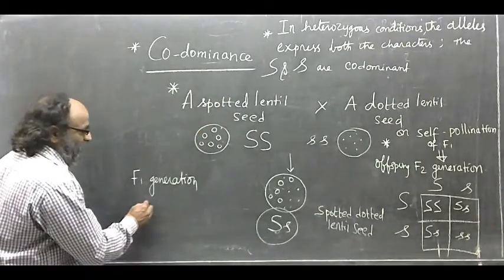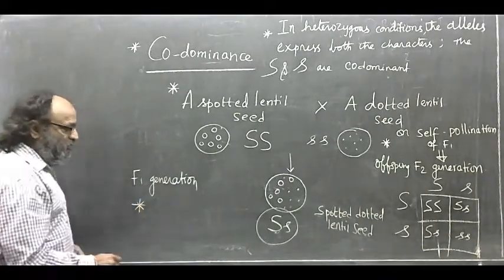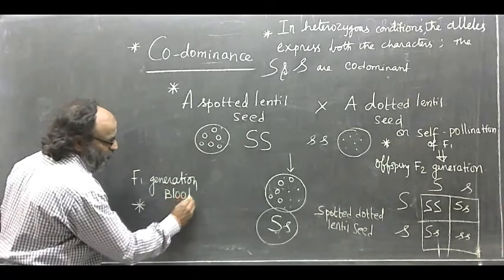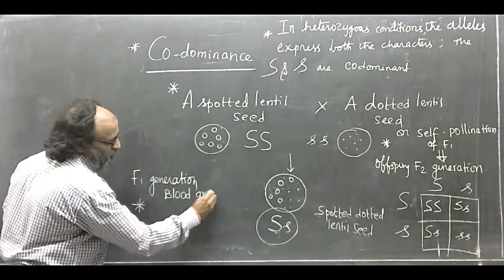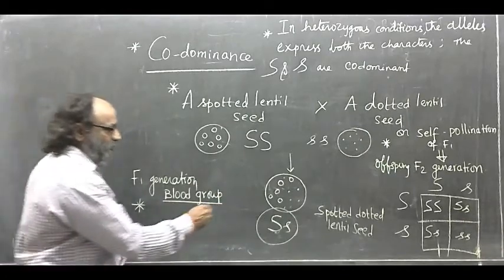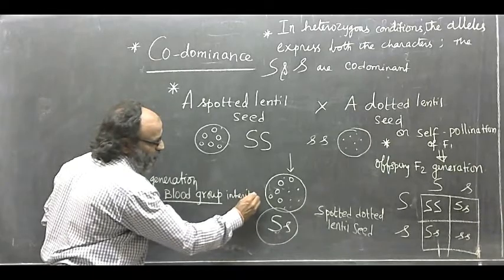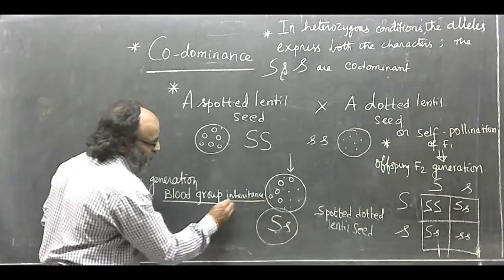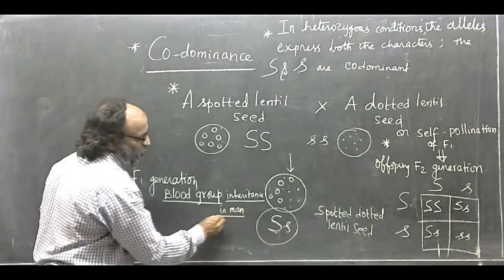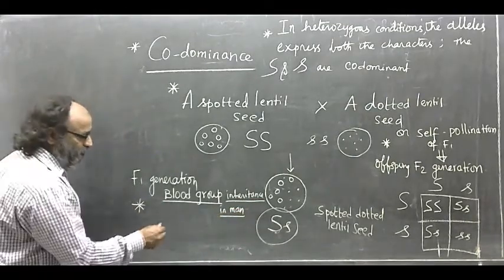And let us examine one more case for codominance, that is blood group inheritance in man. The blood group inheritance in man is also an example of codominance. Let us examine.